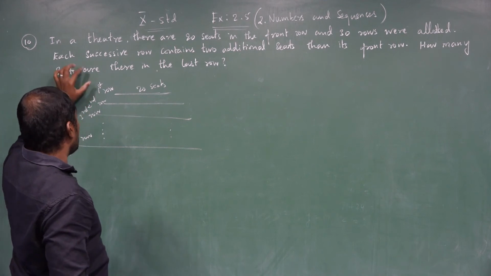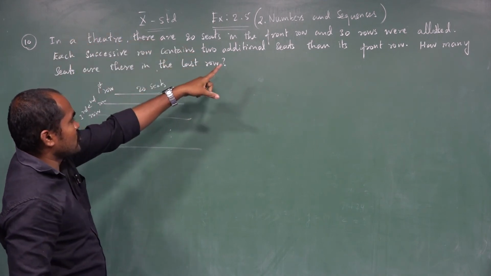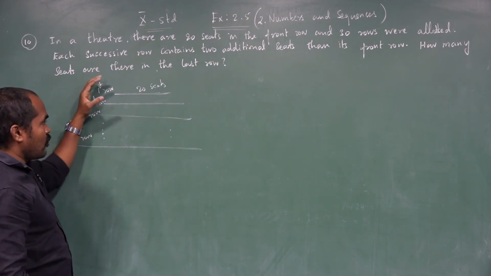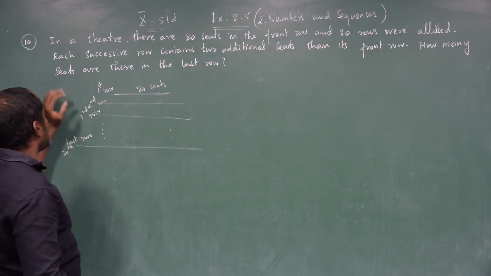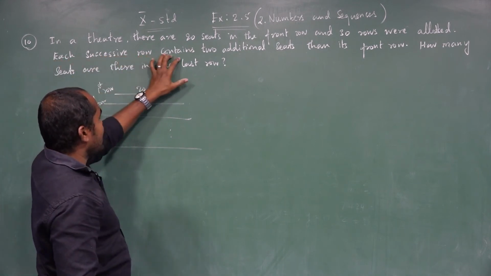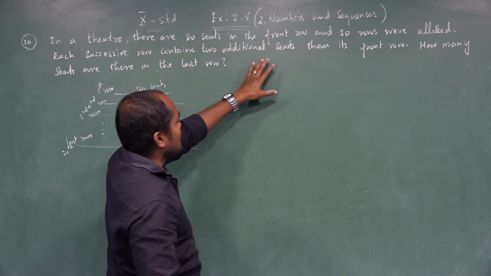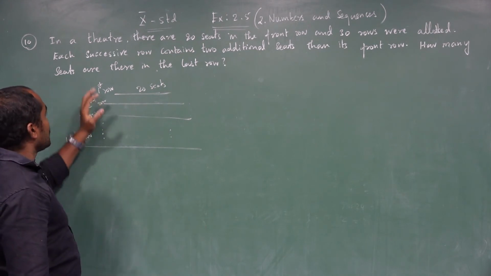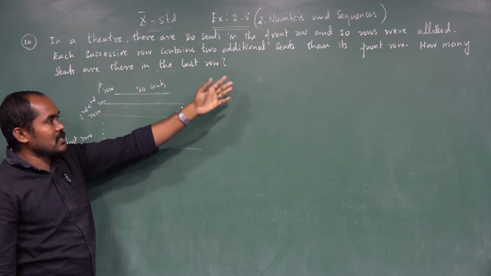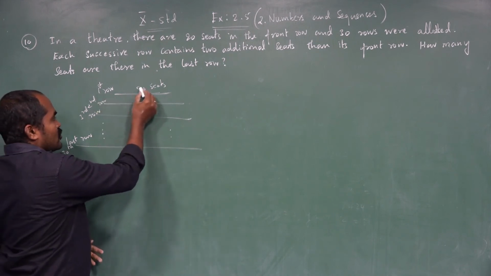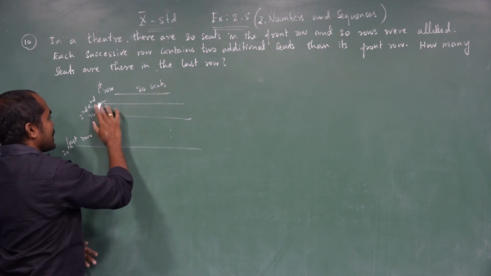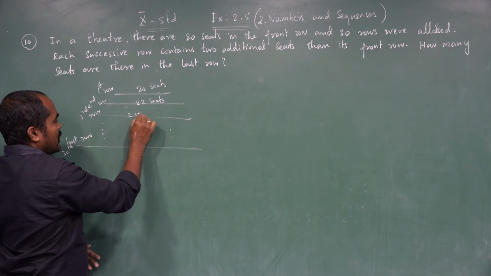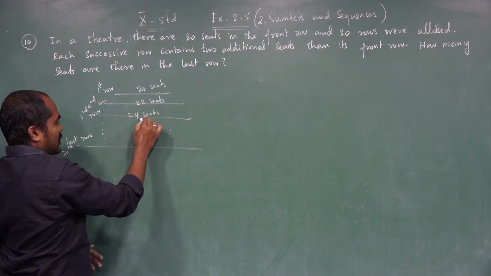So totally how many rows are there? 30 rows. Each successive row contains 2 additional seats than its front row. So the first row contains 20 seats, from our condition the second row contains 22 seats, the third row contains 24 seats, etc.